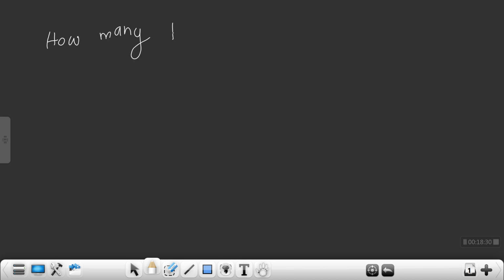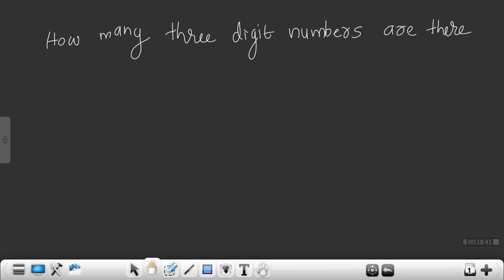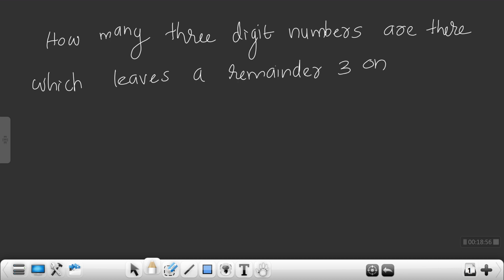How many 3-digit numbers are there which leave a remainder 3 on division by 7?